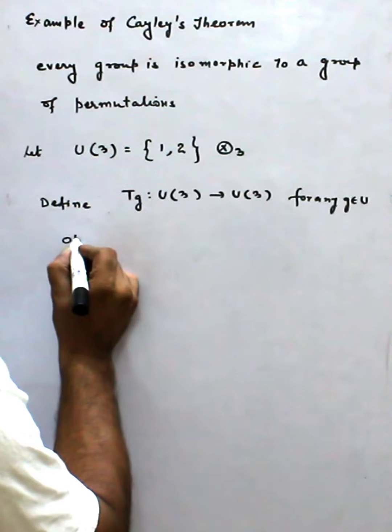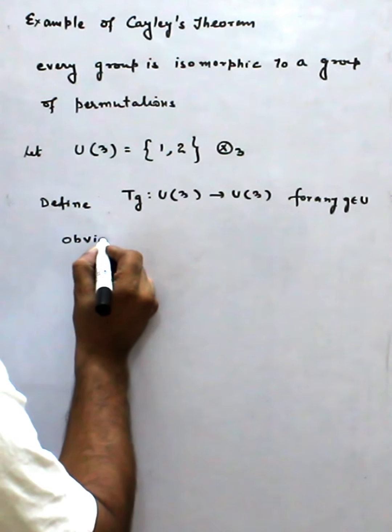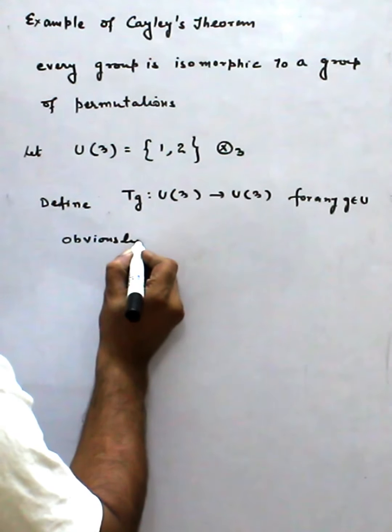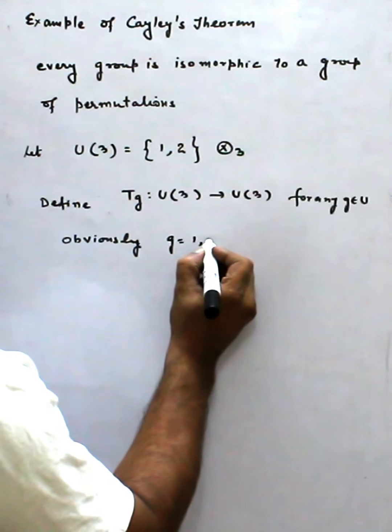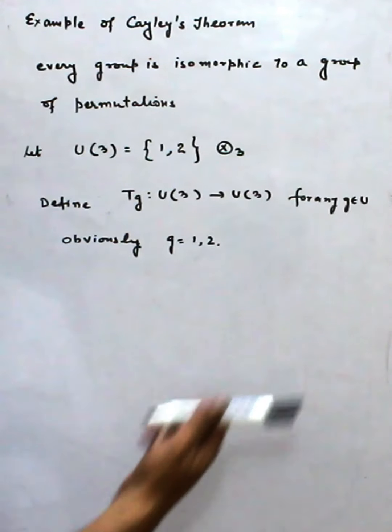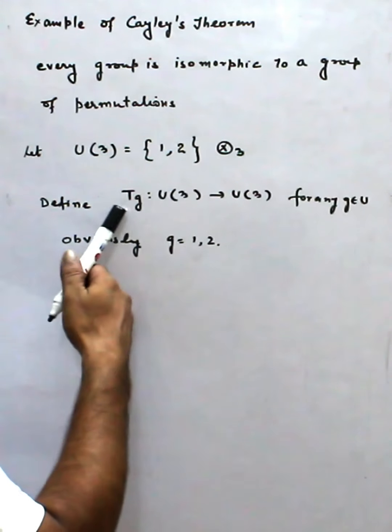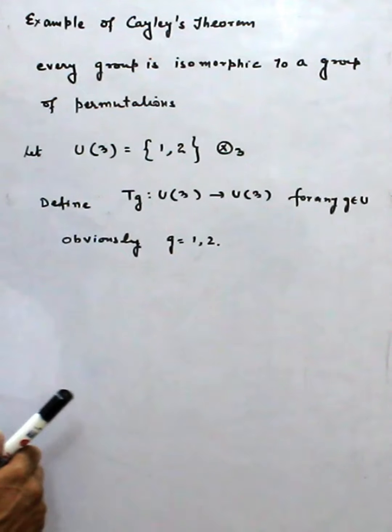Obviously g can be 1 and 2, because only 2 elements are there.